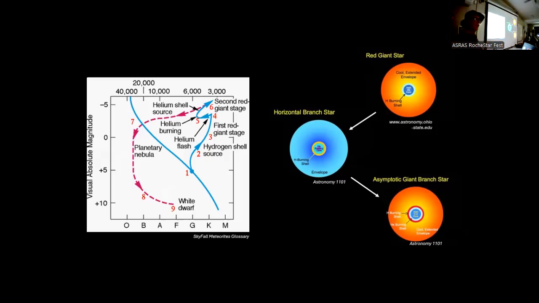But then it eventually exhausts those elements, not big enough or hot enough to fuse further elements, and pursues the path down to a white dwarf, whether or not it emits gases as a planetary nebula.